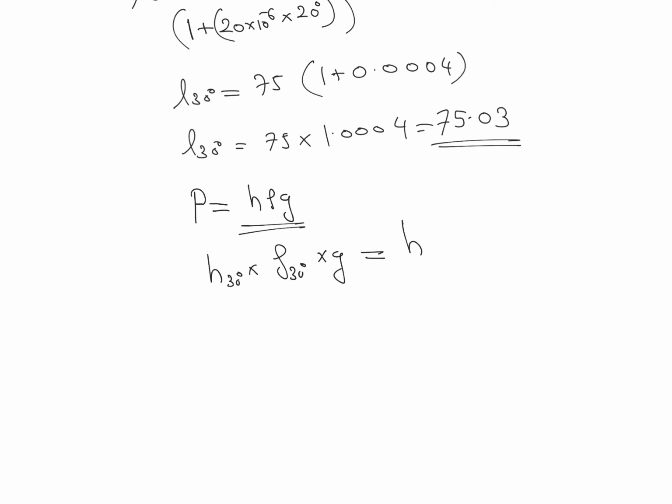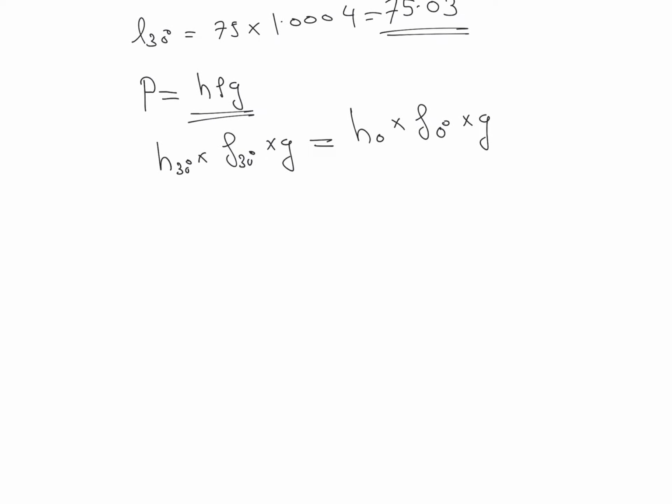The reading on the barometer changes with thermal expansion. So we take height of mercury column at 0 degrees Celsius into density of mercury at 0 degrees Celsius into acceleration due to gravity.